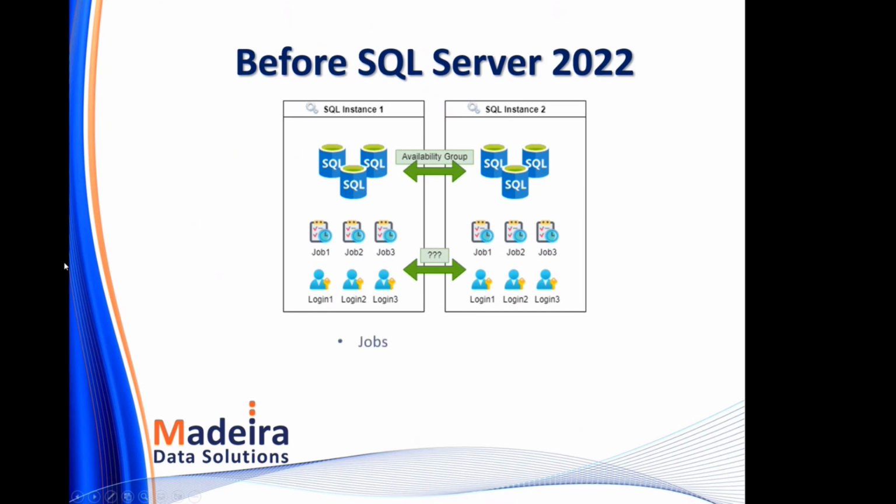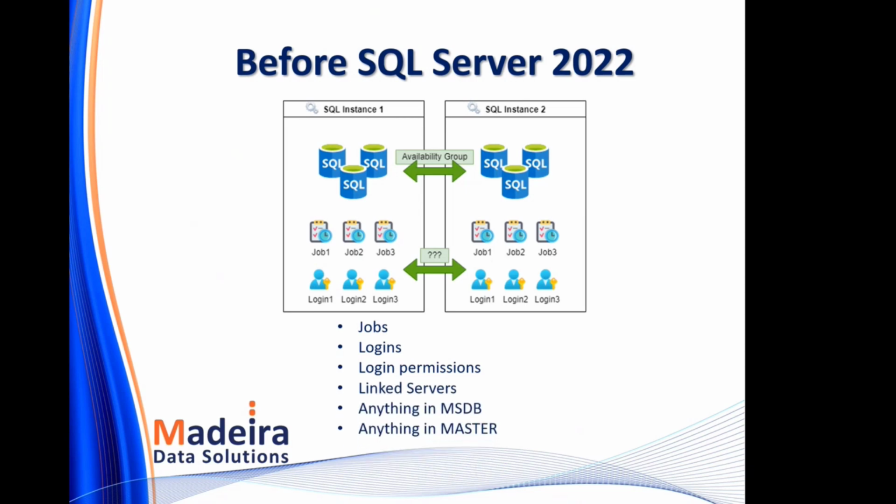All right, so let's talk a bit about what we have before SQL Server 2022. Let's say we have an Always On availability group, which as part of its official offering synchronizes databases, one or many, between one or many SQL Server replicas or instances.